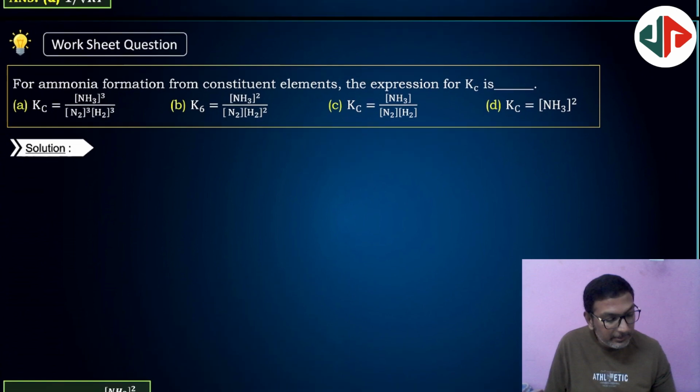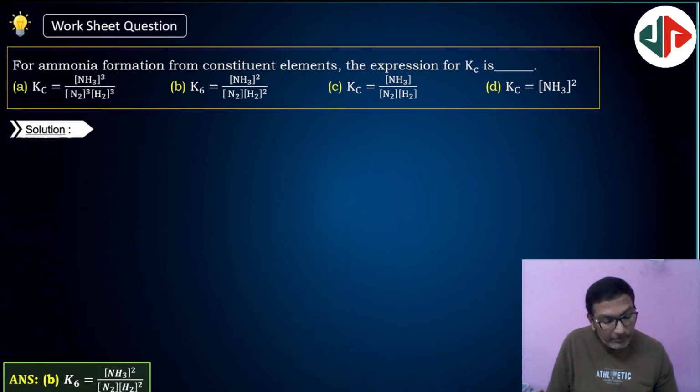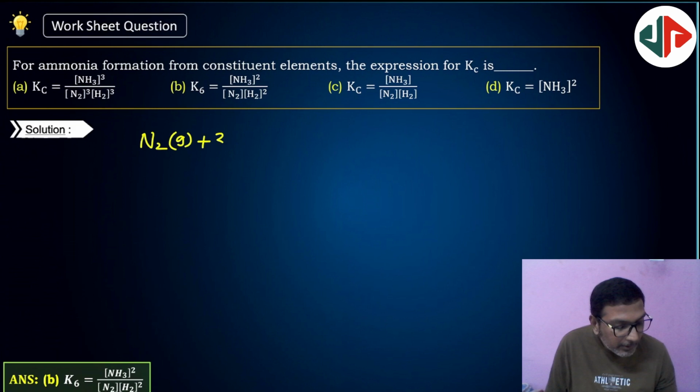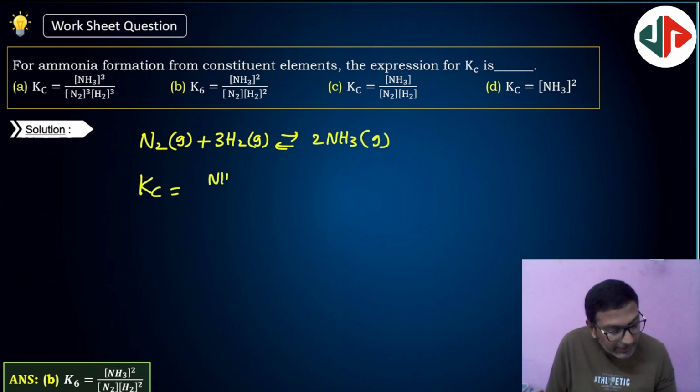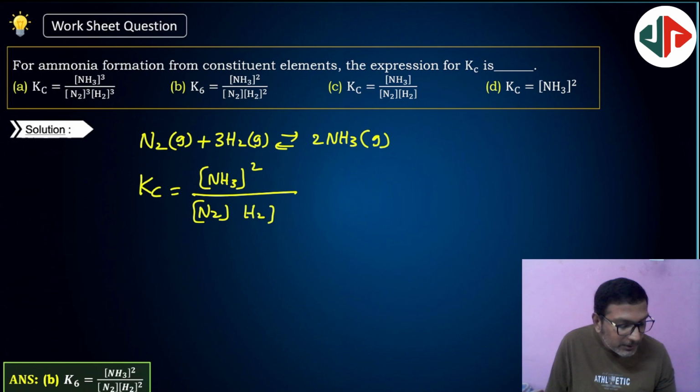Next. For ammonia, the Kc expression is, so we know N2 plus 3H2 reversible with 2NH3 gas. Kc can be written as NH3 concentration square by N2 concentration into H2 concentration power 3.